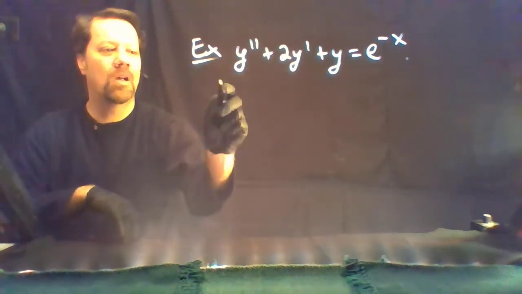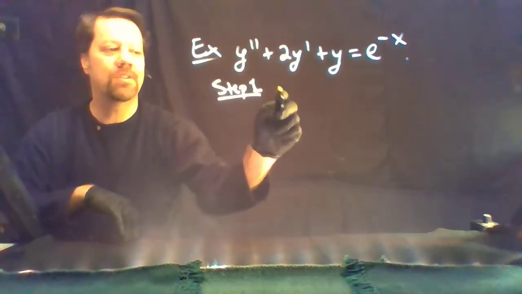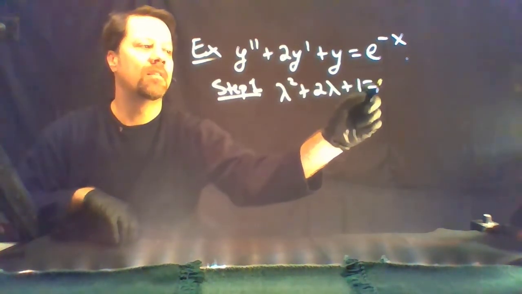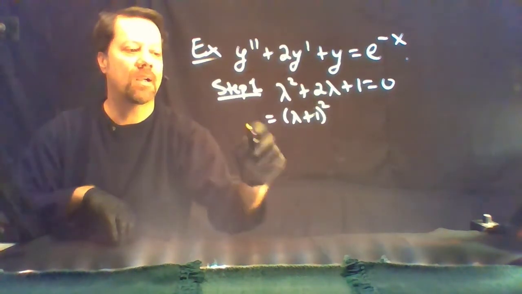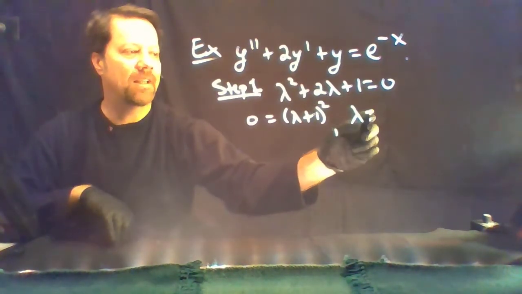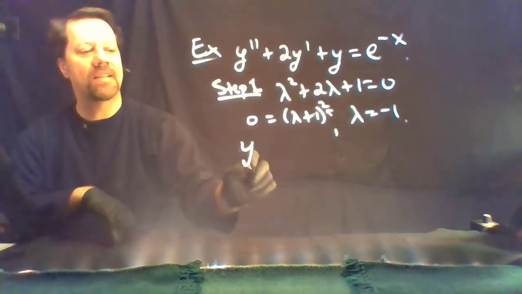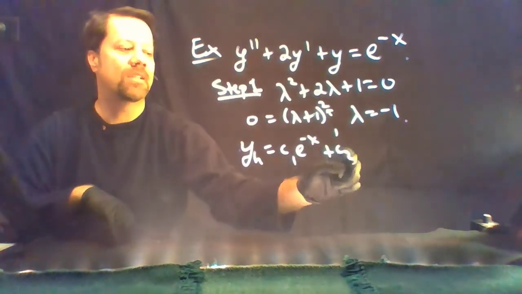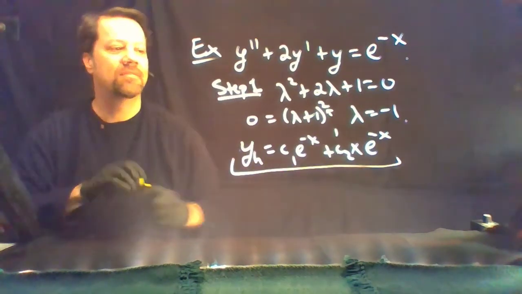In step 1, we solve the corresponding homogeneous equation, so we write down the characteristic equation, and we get lambda plus 1 quantity squared equals 0. We get a solution, lambda equals minus 1, which has multiplicity 2, and that means that the homogeneous solution is c1 e to the negative x plus c2 x e to the negative x.